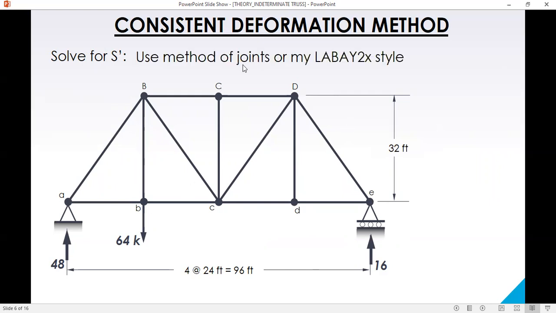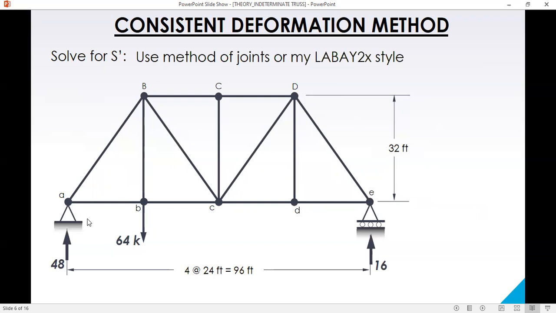So we will use the method of joints, or rather a different style, a practical way of analyzing a truss. But the basis is still the method of joints.